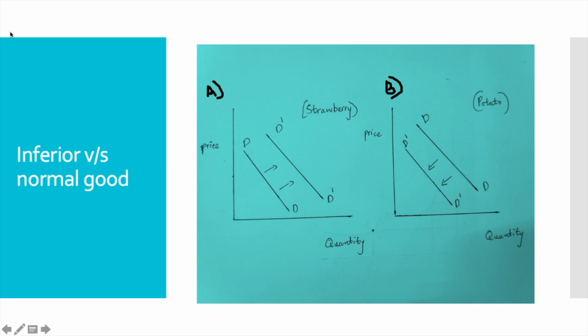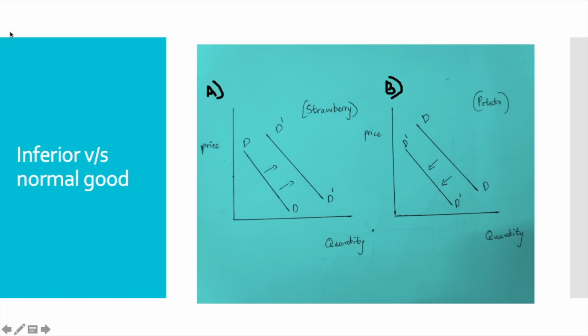Suppose the income of the consumer rises, then he would be more inclined towards buying strawberries, which are costlier than potatoes. Have a look at figure A, where the demand curve DD of strawberries is shifting towards the right, that is, towards demand curve D dash D dash, as a result of an increase in income of the consumer.